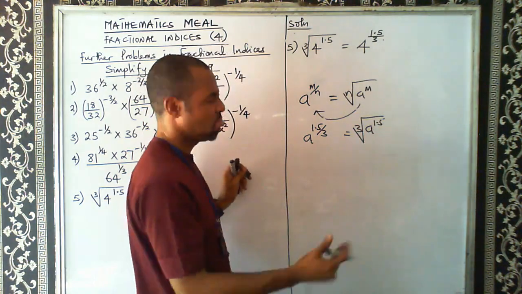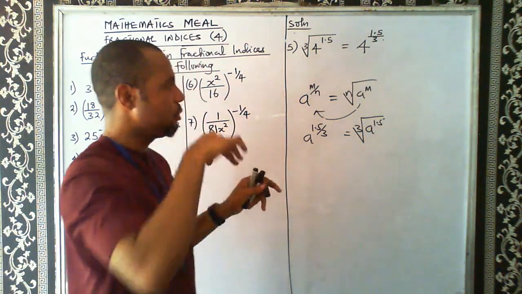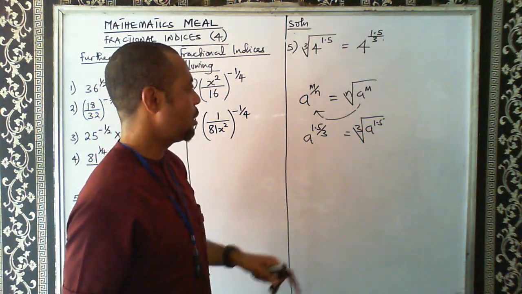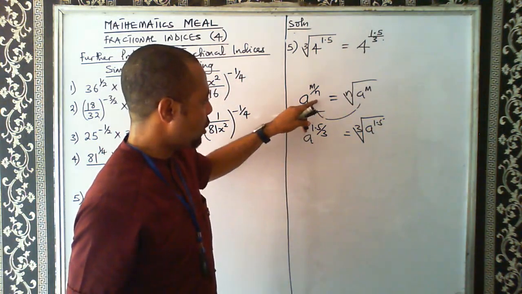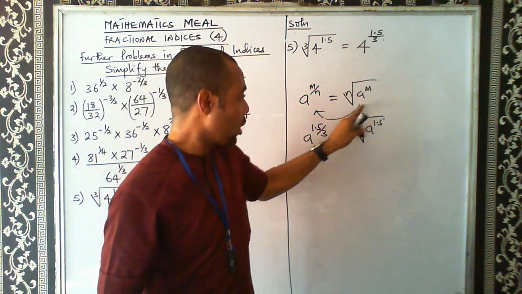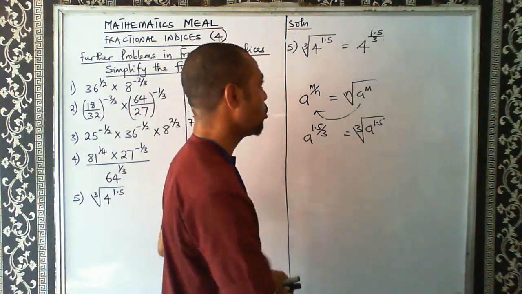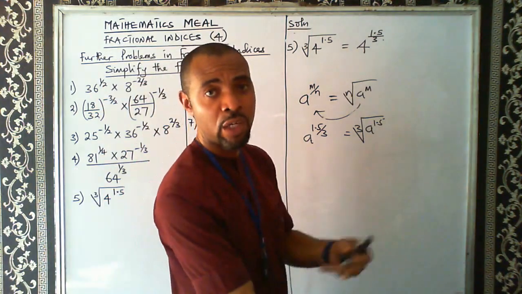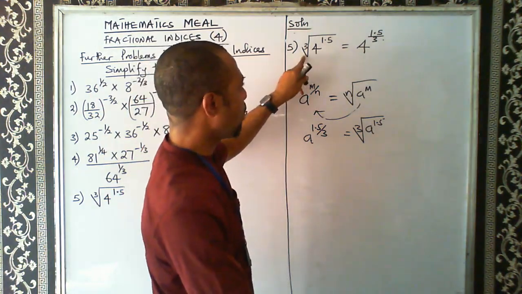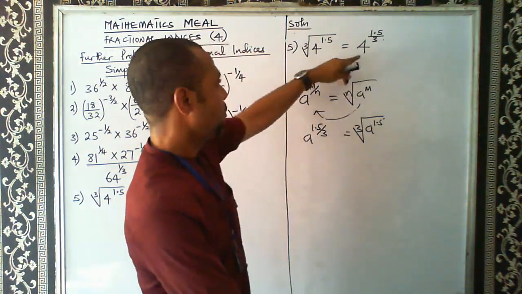So in the beginning of the video, I said that if an expression or a term is in one form, we can write it in the other form, depending on what you want to do and which one will give you the result you are looking for. So now that it's already in root power form, we want to return it to fractional index form. So that's what we did.